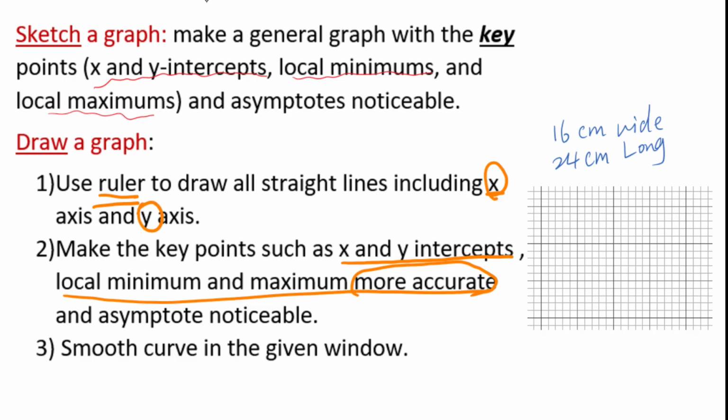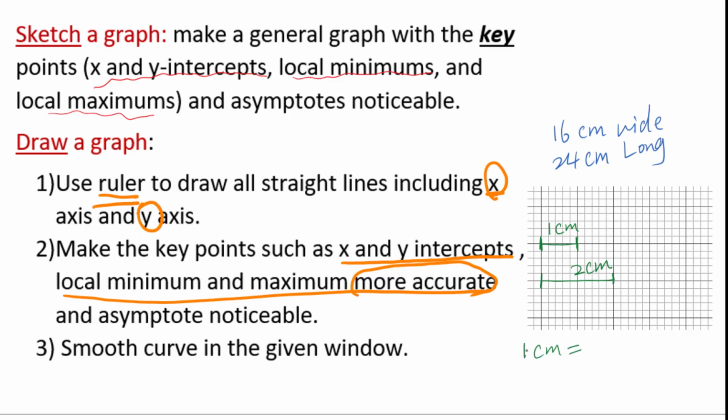IB graphing paper is 16 centimeters wide and 24 centimeters long. From here to here, this is 1 centimeter. Then from here to here, this is 2 centimeters. There are 5 small units in 1 centimeter.